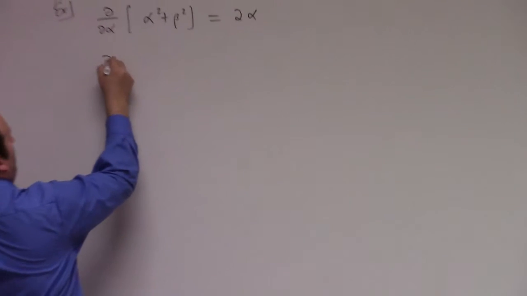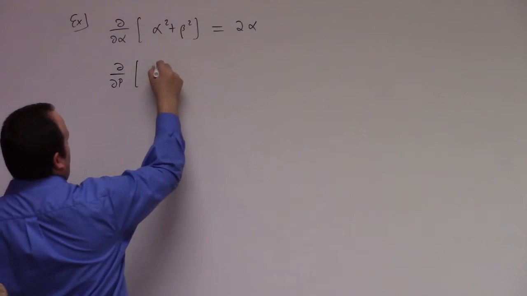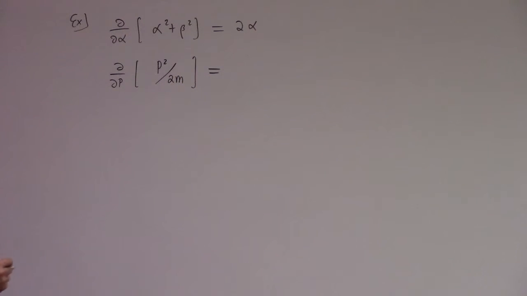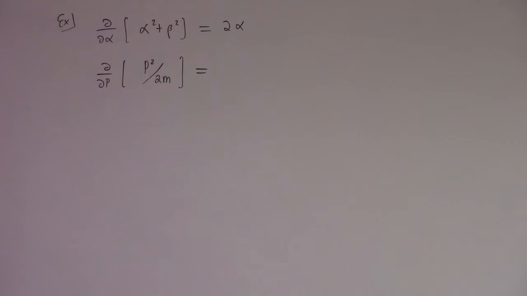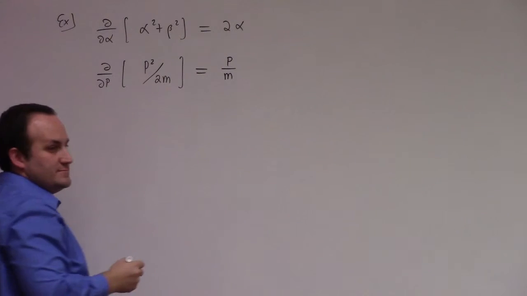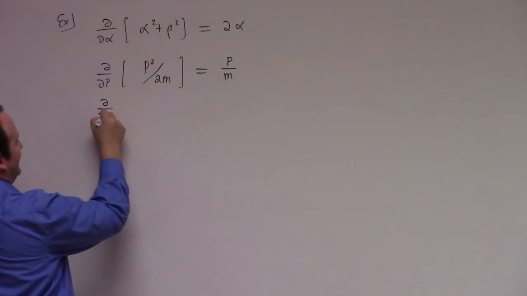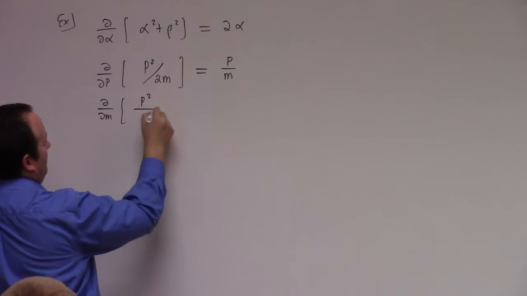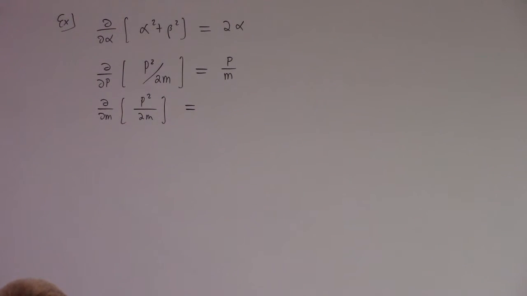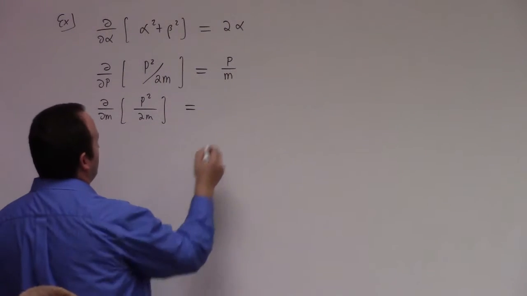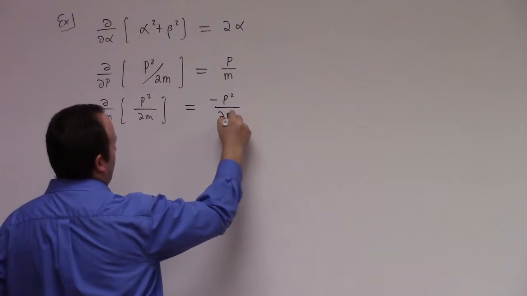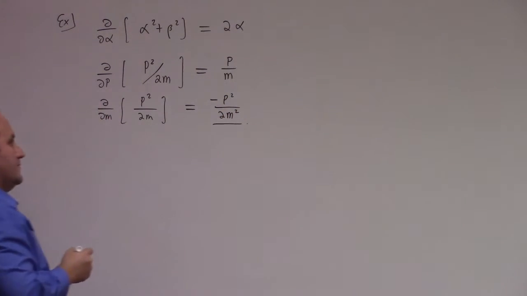Or what if I had partial p of p squared divided by 2m? Yeah, 2p over 2m, p over m. The 2's cancel. Very good. How about partial m of p squared over 2m? Minus p squared over 2m squared, right? It's m to the minus 1.